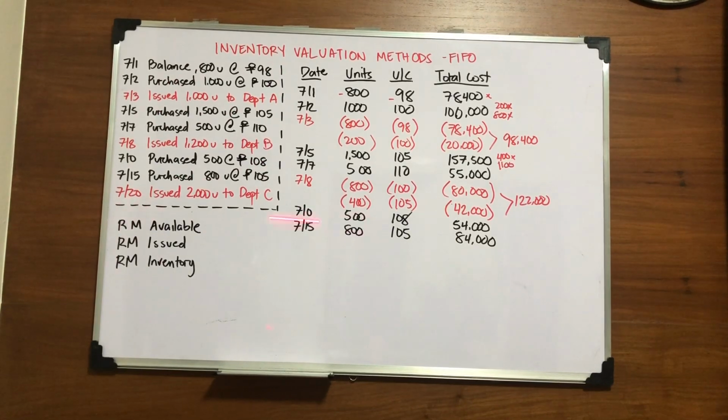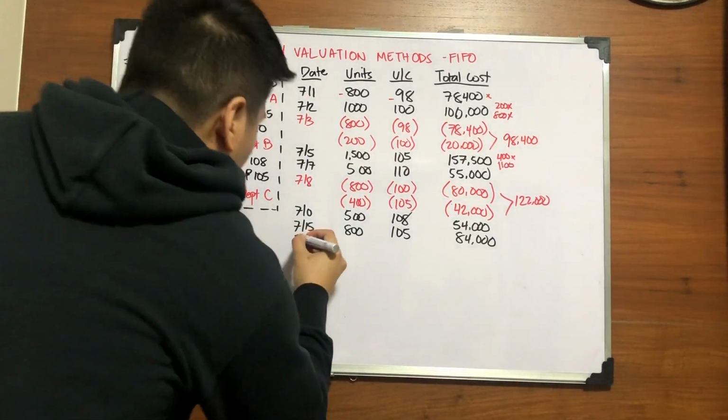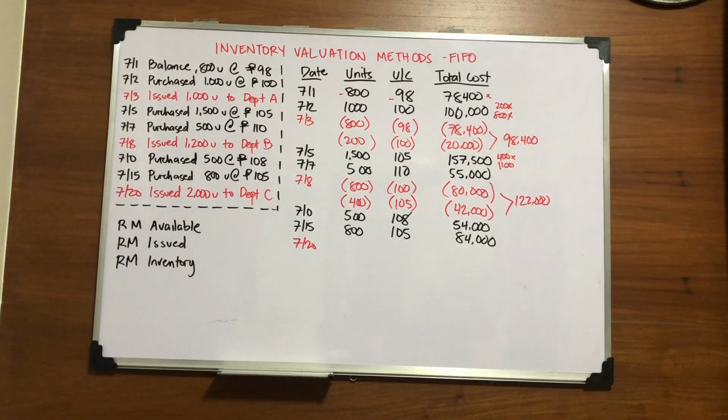And the last transaction is an issuance. We issued 2,000 units to Department C. Again, we will use the red pen. Let's put the date first and determine where we would get the 2,000 units needed for production. Go back to the concept that for raw materials used, you use the earliest transaction to get the earliest cost.